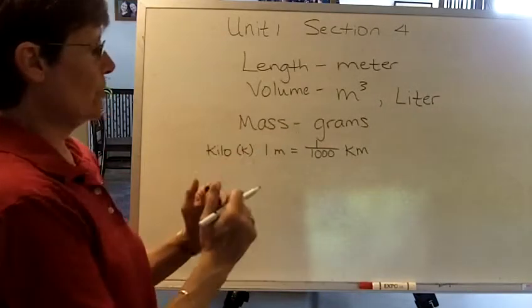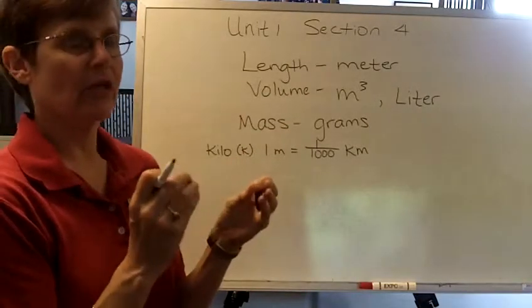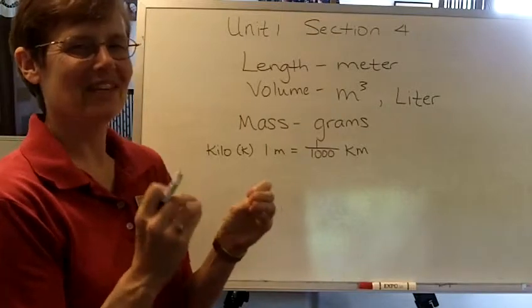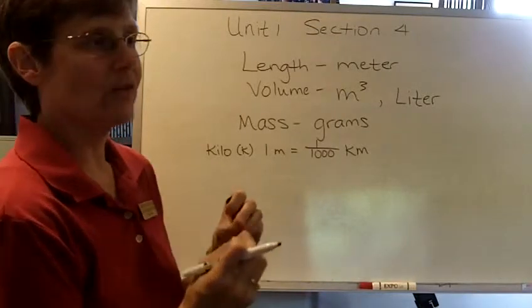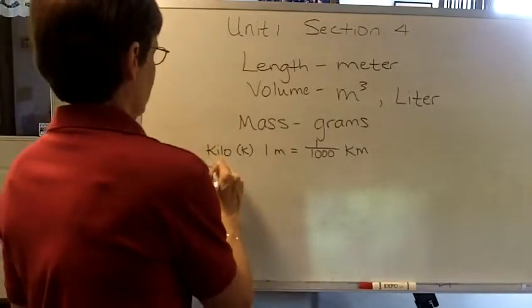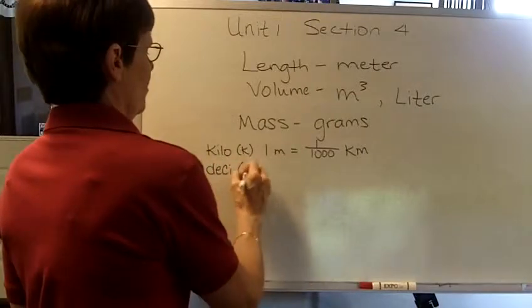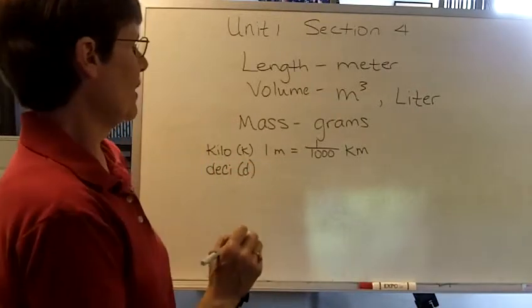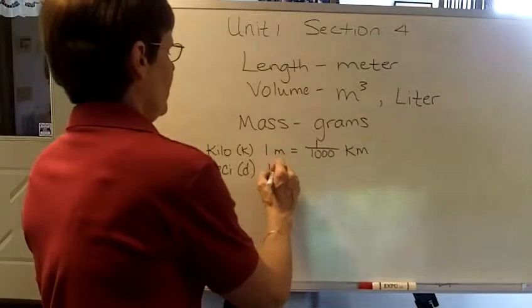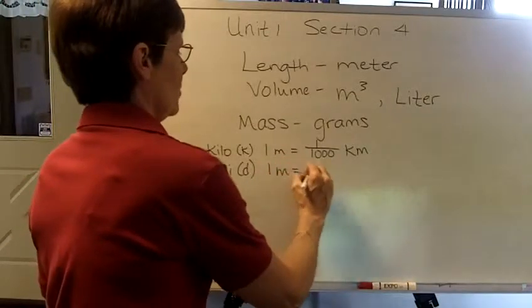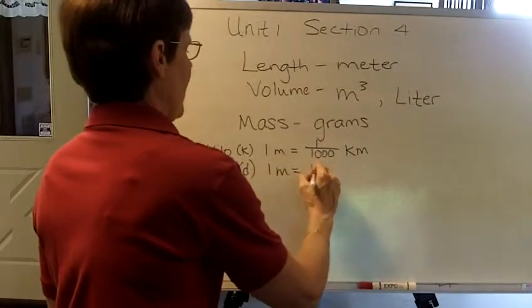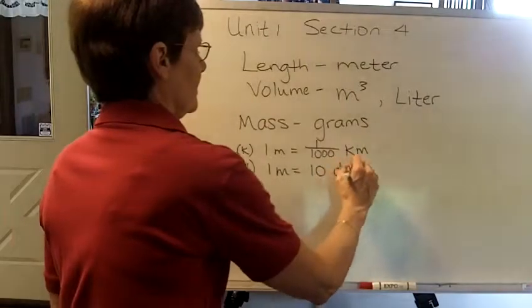And now we're going to use prefixes that make the unit smaller. So the first one is deci, abbreviated with a D, as you might expect. And 1 meter is equal to 10 decimeters.